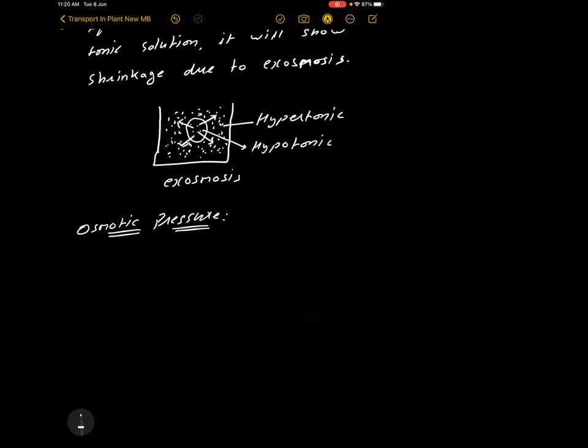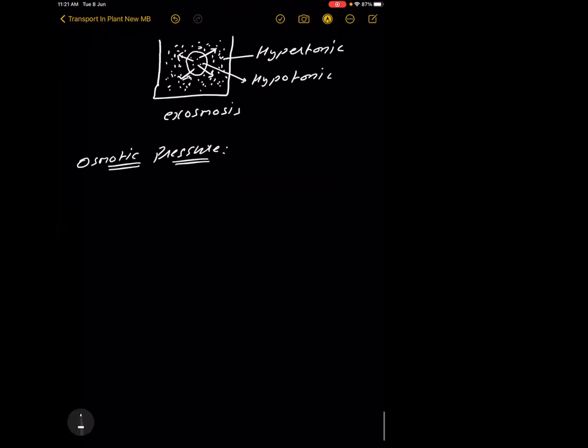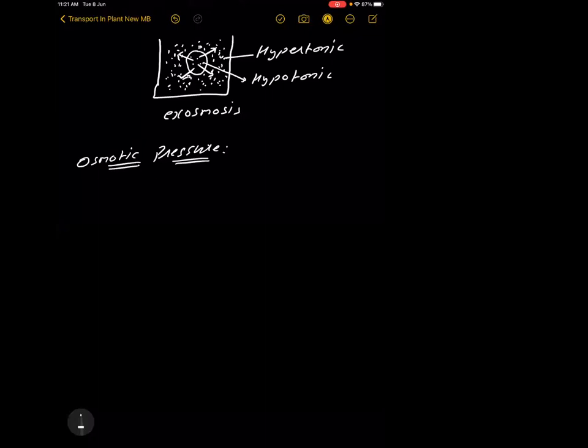The solute molecules create that pressure which inhibits the entry of water into the solution. That is called osmotic pressure. Or in other words, this is the thirst of that solution, by which the solution can absorb more water. That is the power of absorption of that particular solution.